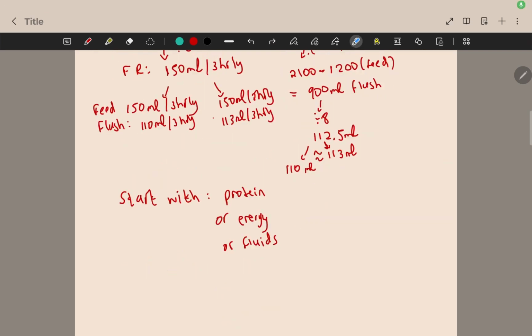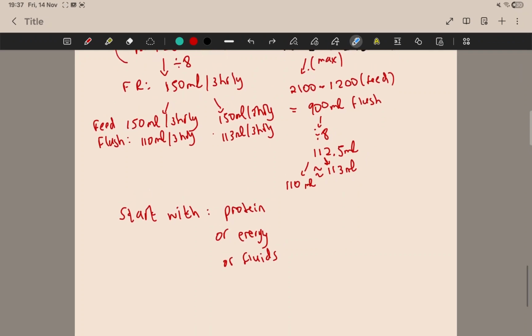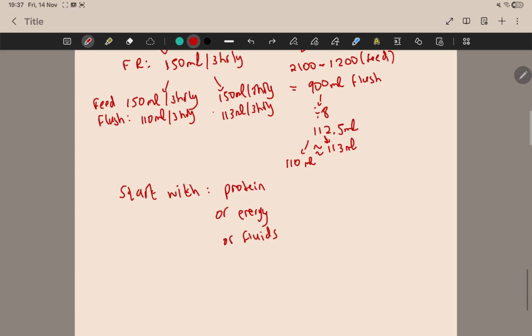Okay, another practical thing to do, which is very important, is to know how many bags of feed you'll need in a day. So the total amount of feed you need in a day is 1200 mL.